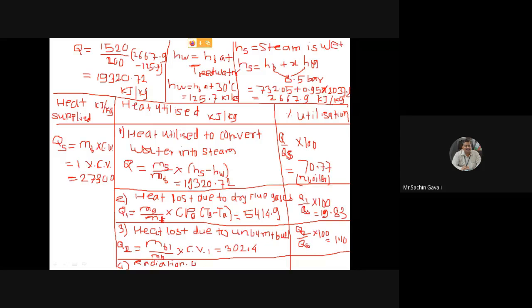Q3 इज इक्वल टू QS मायनस इन ब्रॅकेट Q युटिलाइज्ड, फॉर जेवढी लागते तेवढी स्टीम Q, प्लस Q1 प्लस Q2.